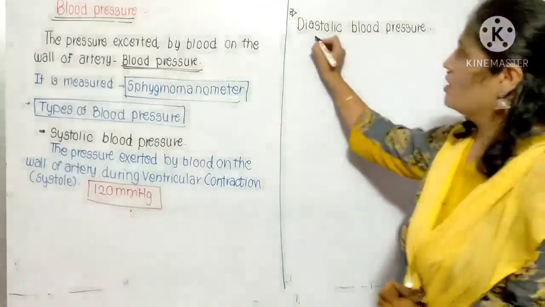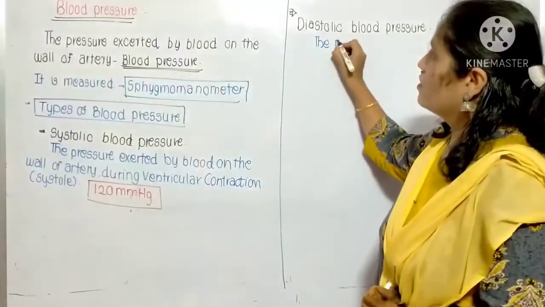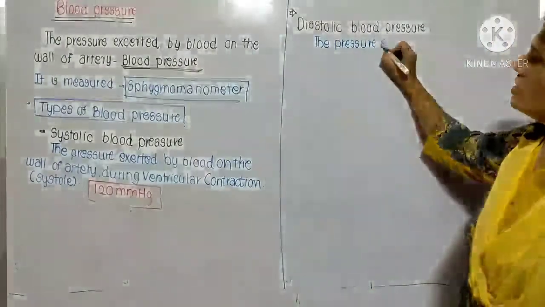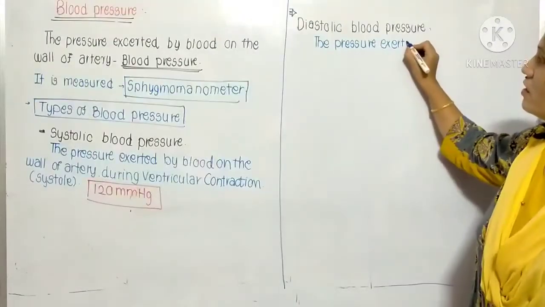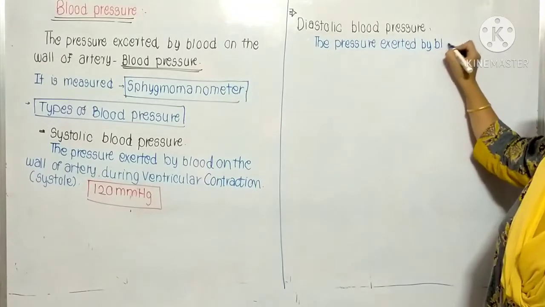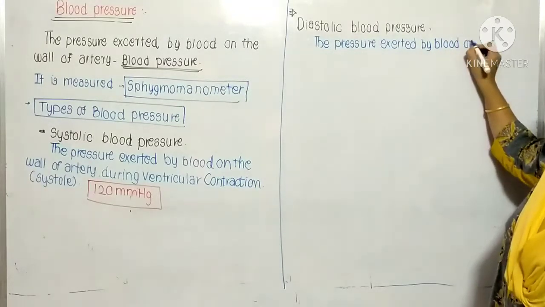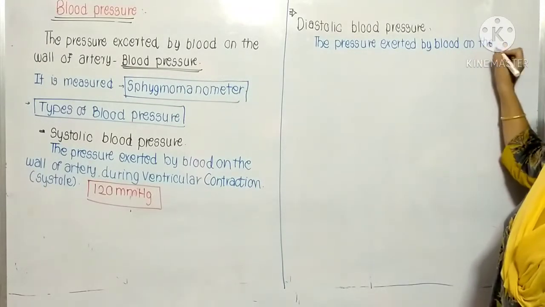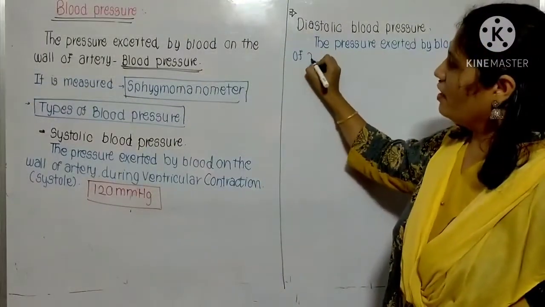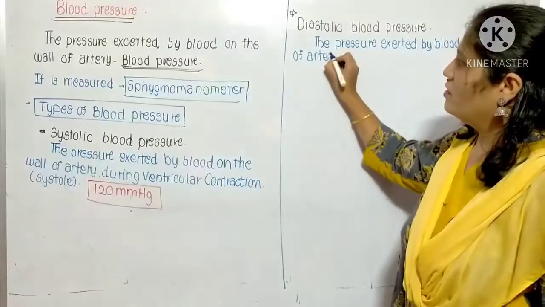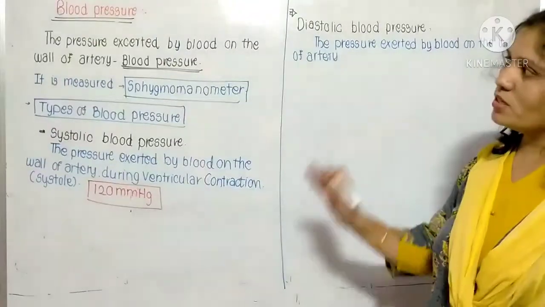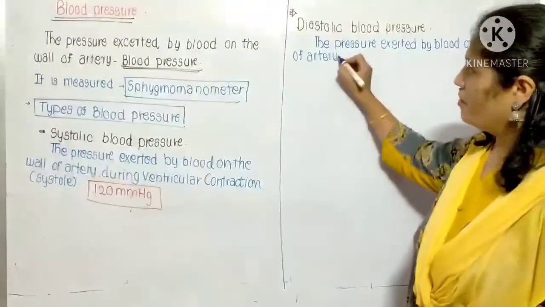The pressure exerted by blood on the wall of artery. See that here also artery, because this blood pressure is measured in arteries only.